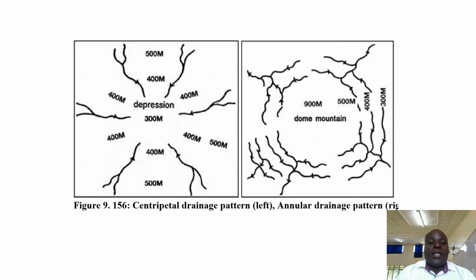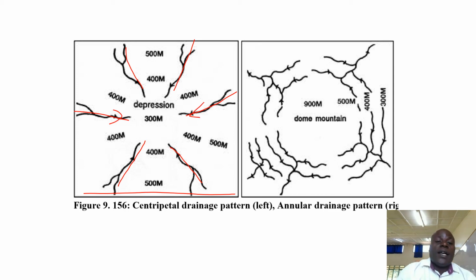The two types are summarized here, shown by these diagrams. The first diagram here shows centripetal drainage pattern, where rivers converge at the center, and these arrows show the directions of the rivers.